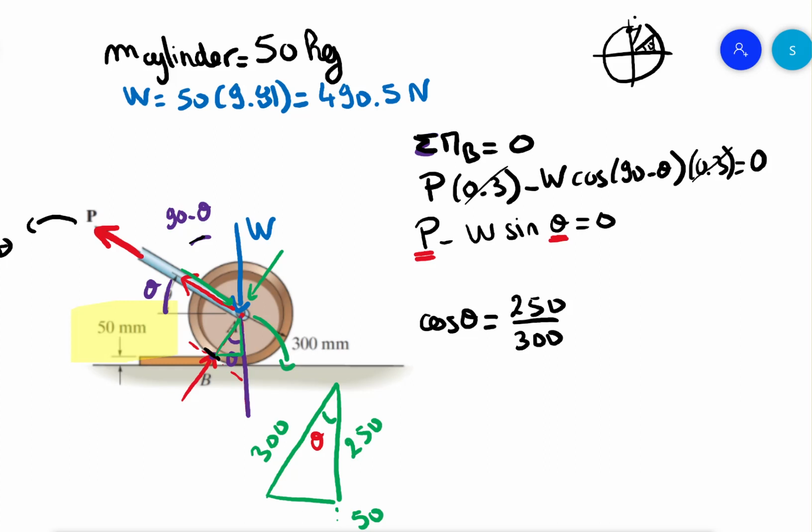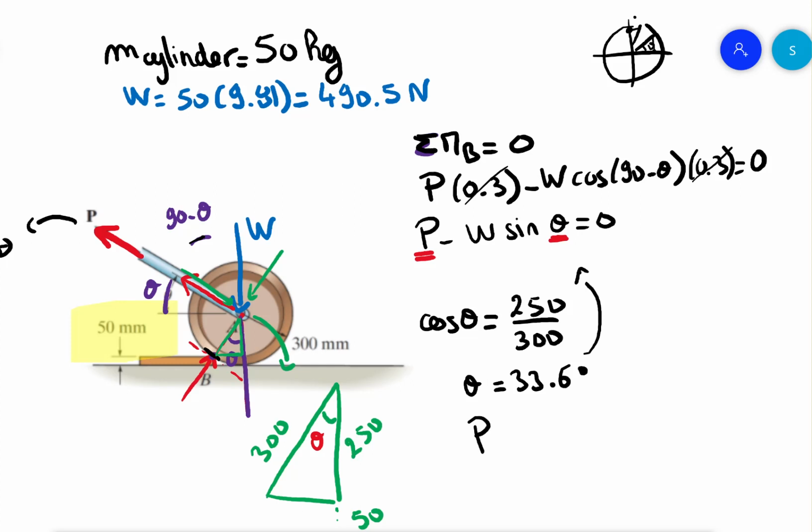So theta is the inverse cosine of 250 divided by 300. That's 33.6 degrees.